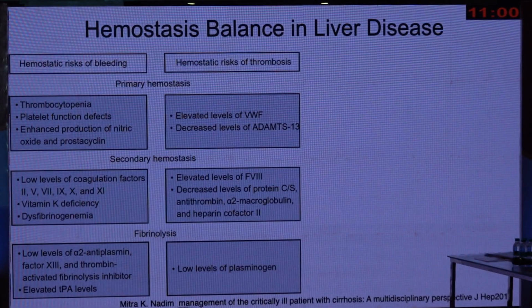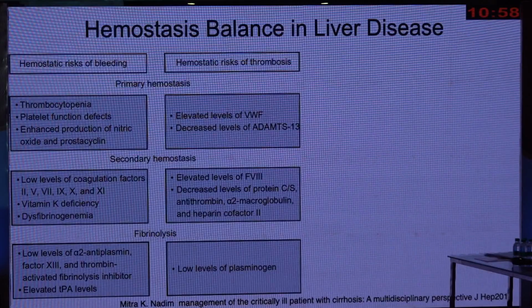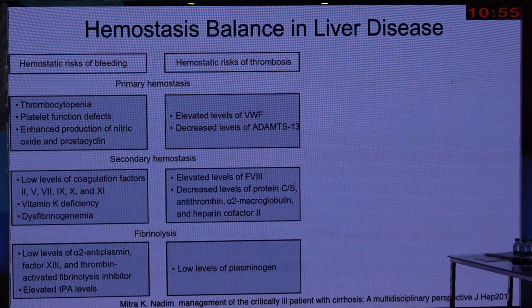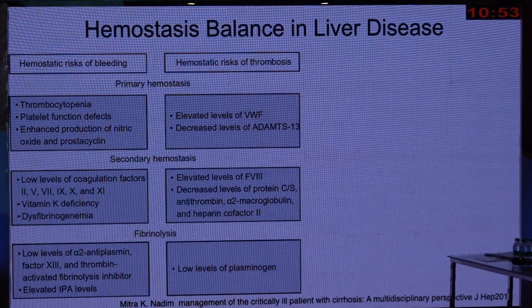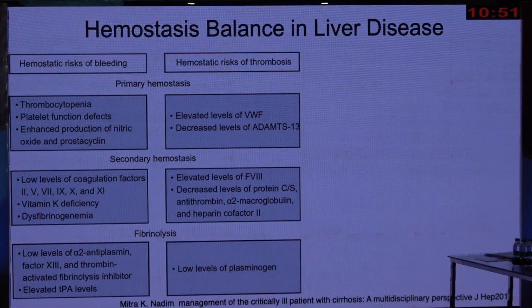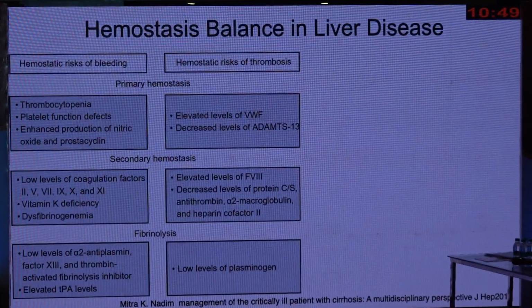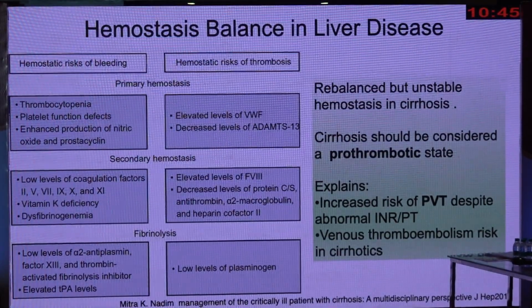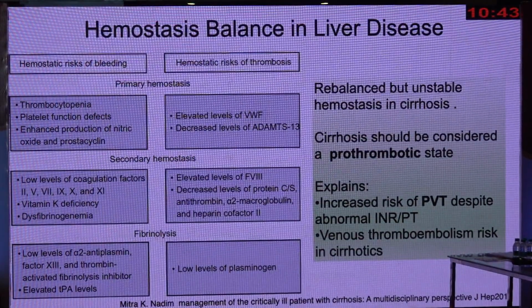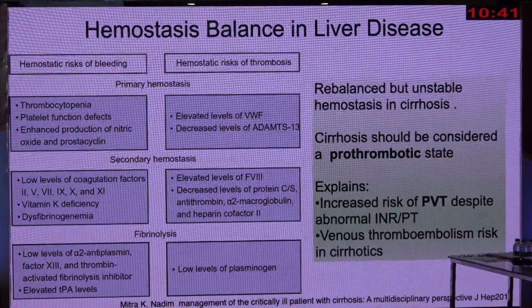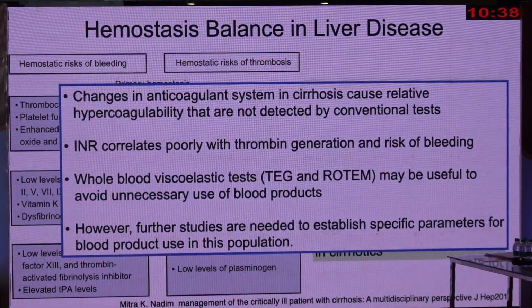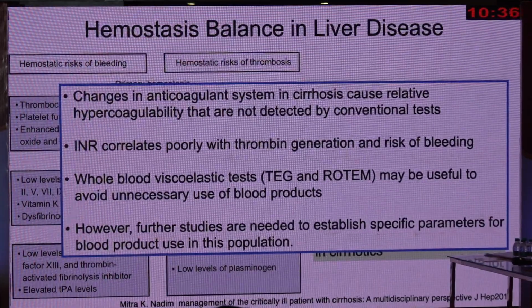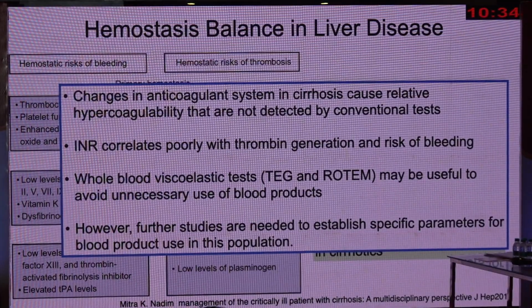So in cirrhosis, the hemostasis balance is between bleeding and thrombosis. It affects all three steps, right from platelet plug to coagulation to fibrinolysis, and cirrhosis is thought to be a rebalanced but unstable hemostasis. In a way, it's a prothrombotic state, which is not usually picked up by routine clinical tests. INR poorly correlates with thrombin generation and the risk of bleeding.